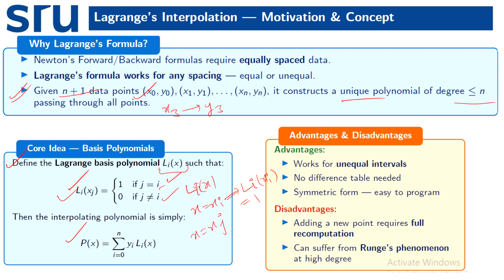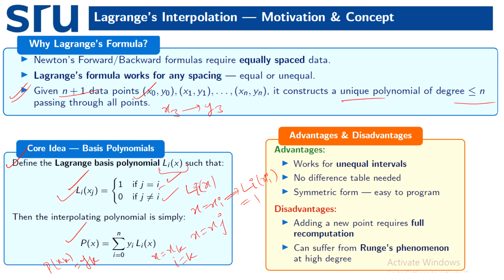When I substitute x equal to x_k here, all terms become 0 except the one where i equals k. So we get p(x_k) equal to y_k. This guarantees that the polynomial passes through every data point exactly.